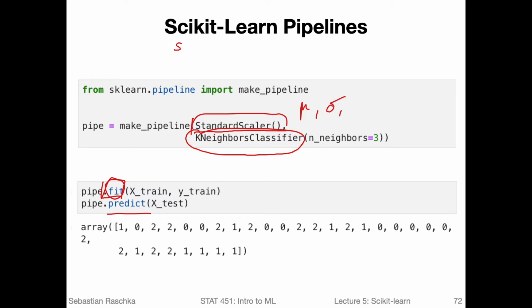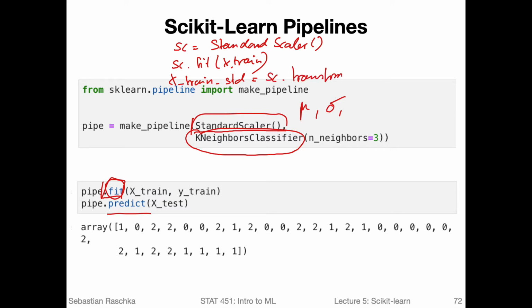Instead of initializing a standard scaler, then fitting the standard scaler on the training data, and then having scaled data via sc.transform on X_train, and then having the KNN model, let's say I initialize it already, that we fit on the scaled training data.